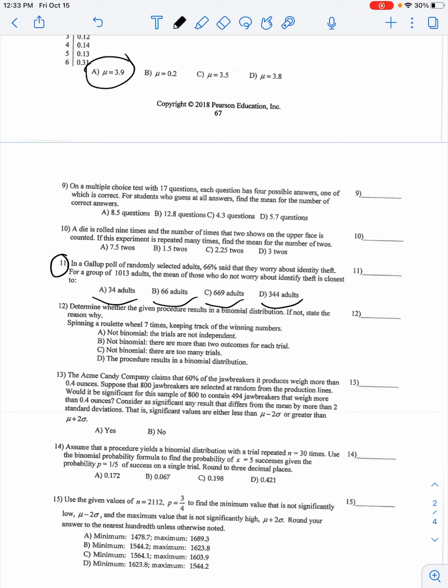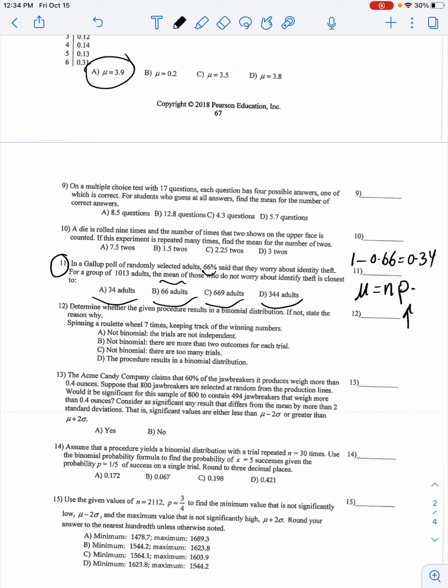It's again mean. So you would say mu is n times p. 66% say that they worry, so 34% not. 1 minus 0.66 is 0.34.